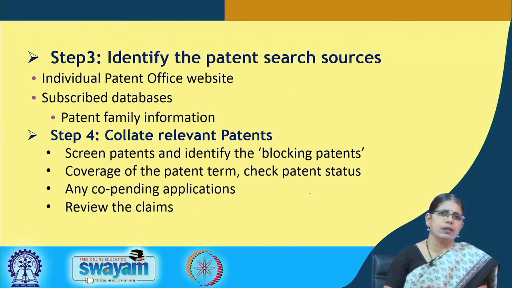One consideration that is important when you undertake the search for relevant patents is to also look at the patent equivalents, which means you are also looking at the patent family information.